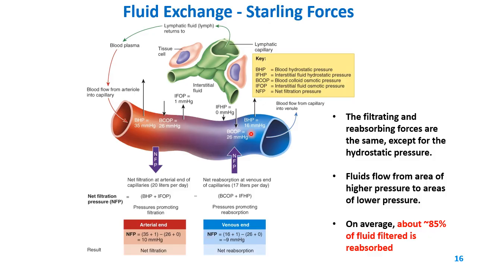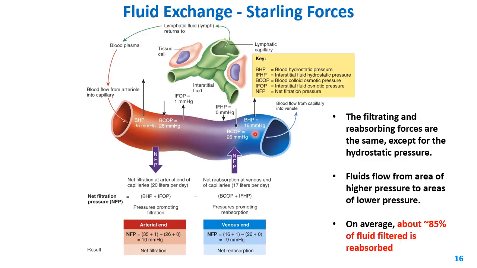Net filtration is the blood pressure at this side. The blood pressure here is lower than the blood pressure there because the stuff came out, the hydrostatic pressure was lost. So the pressure here is 16, your blood pressure.